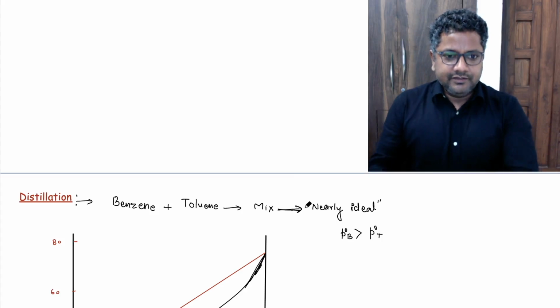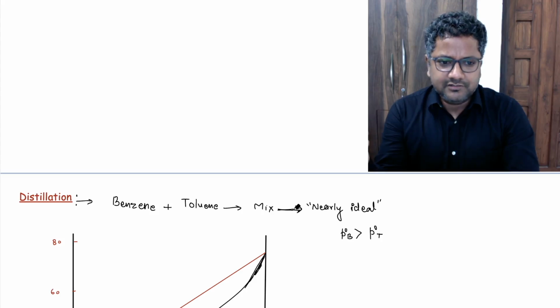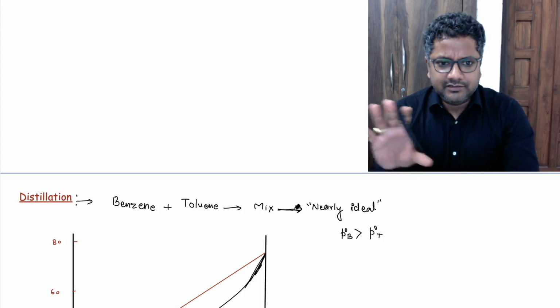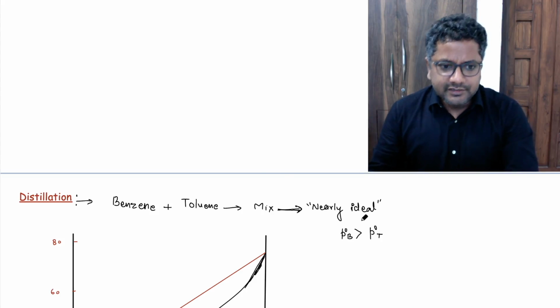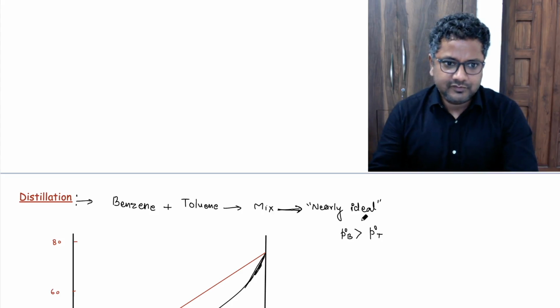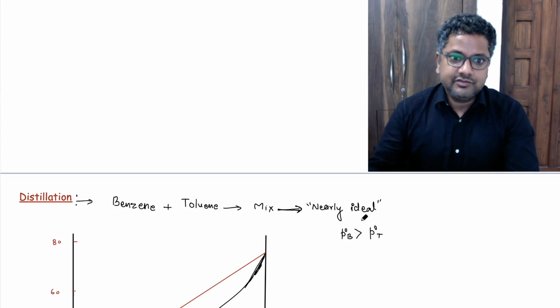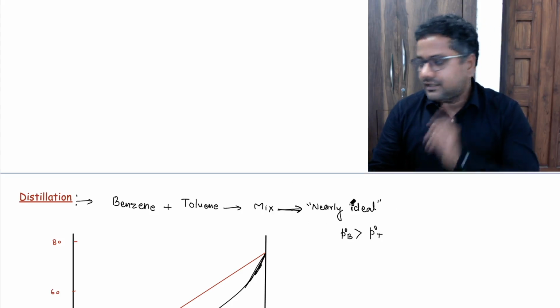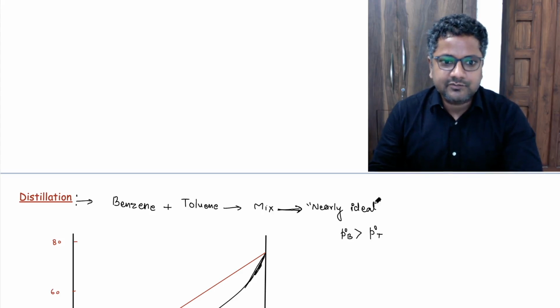Now see, vapor is always richer with respect to the more volatile component. This is a common observation, but this statement is valid till your system is ideal. Once your system is not ideal, then you cannot say like this. So in an ideal system, this vapor is always richer with respect to the more volatile component.